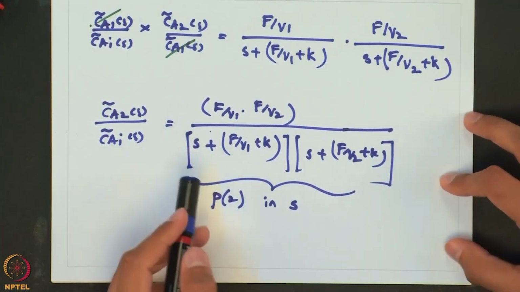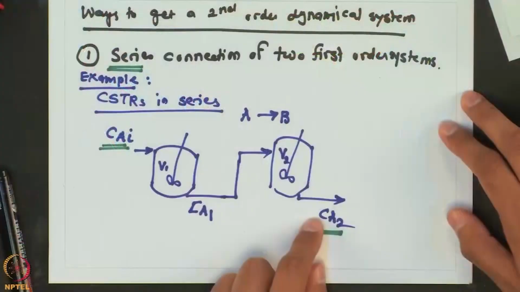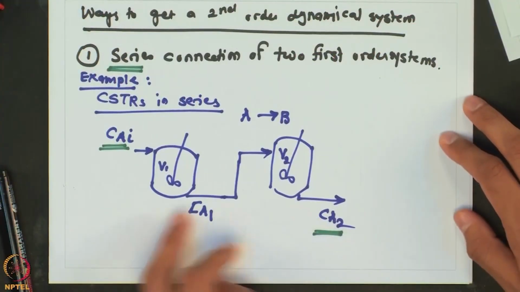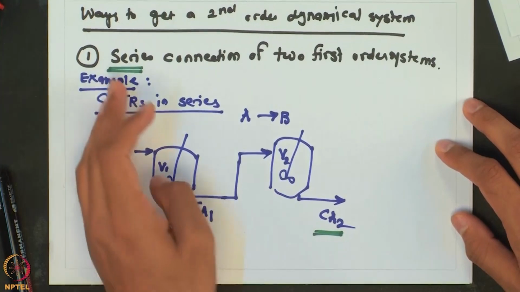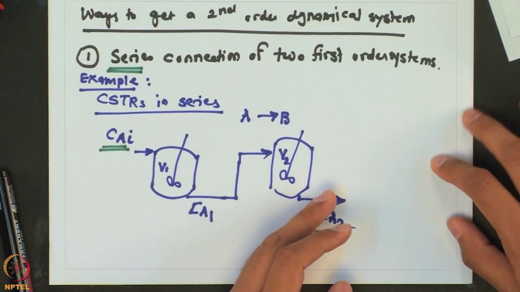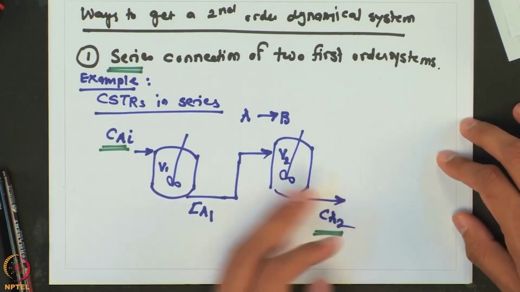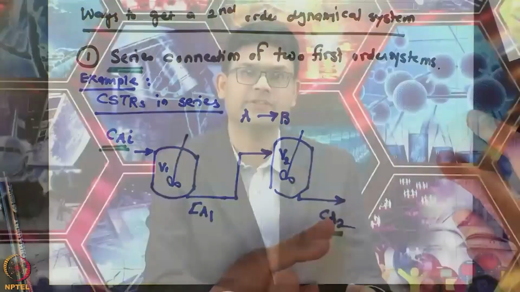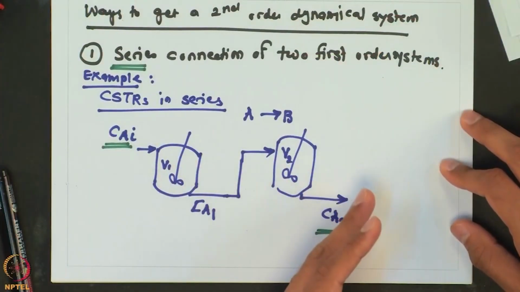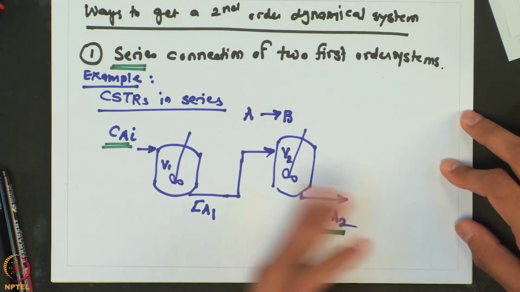So, what we have seen is that when we connect two first order capacities, which in this case were these two first order tanks, in a series connection, what we got is a second order dynamical system. Now, there are two ways in which these series connections can be done. This particular type of series connection is known as a non-interacting type connection, because the direction of effect of the disturbance is one way.